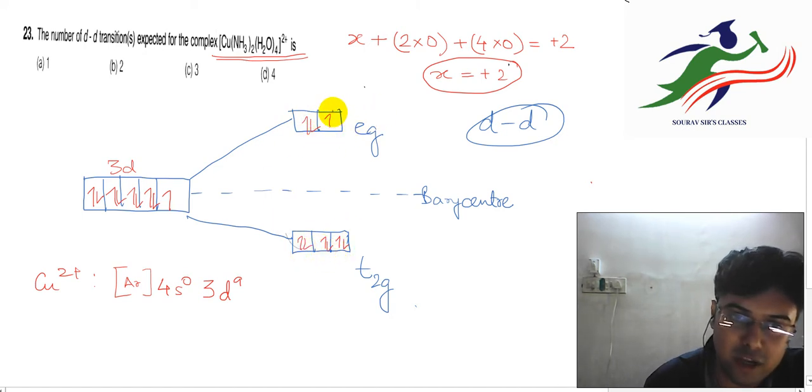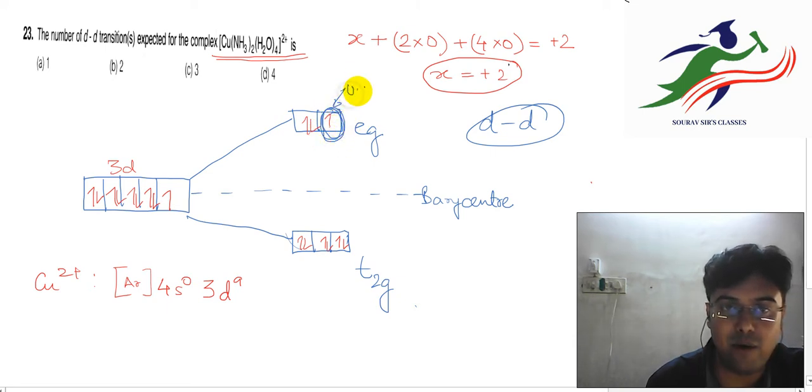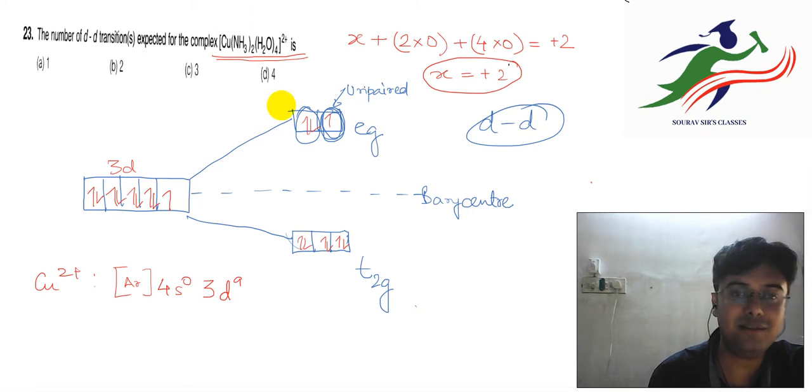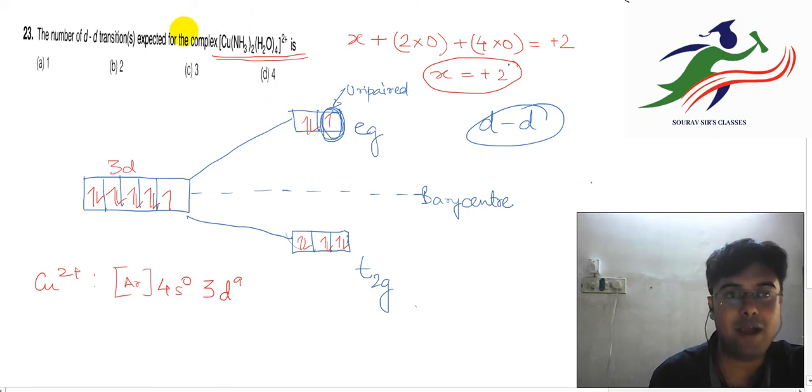Now there is only one option over here for this one because it is the unpaired one. The one which is right over here won't have any transition possible for it because it is already a paired one. Okay, so now if any of these 2 electrons have to be transited to the upper orbitals, then it will be the one with the lower spin.